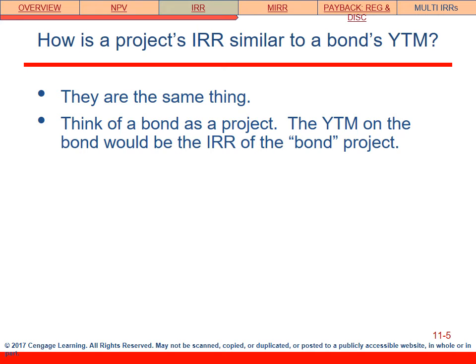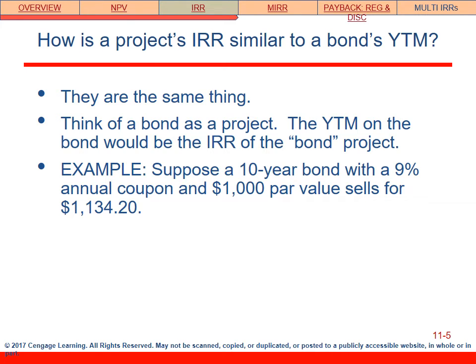And you can prove this to yourself by using the cash flow worksheet in your financial calculator for this bond. It's got a cost, and then there are some cash flows that are generated over 10 years. If you plug in all of those cash flows, that would be $90 a year for 10 years. In year 10, not only would you receive the $90, but also the return of the par value.